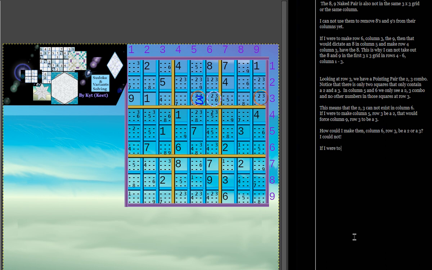If I were to make column 5 row 3 be a 3, then that would force column 9 row 3 to be a 2.